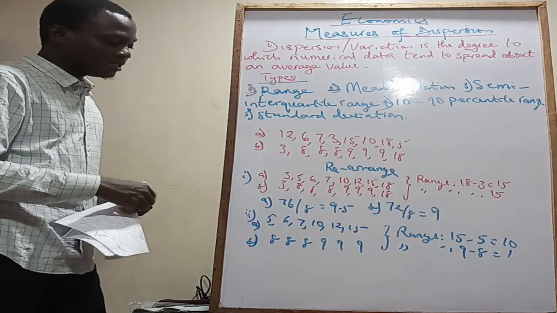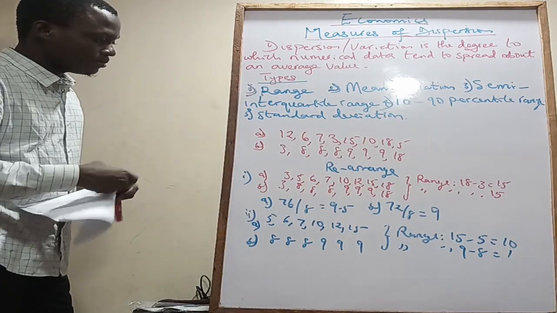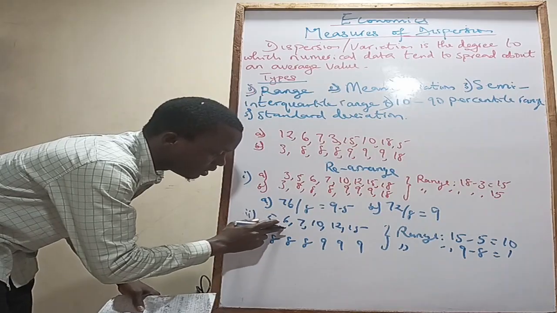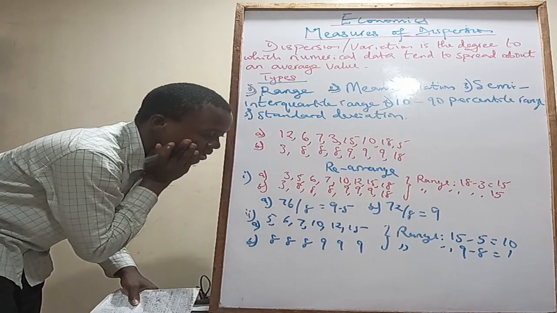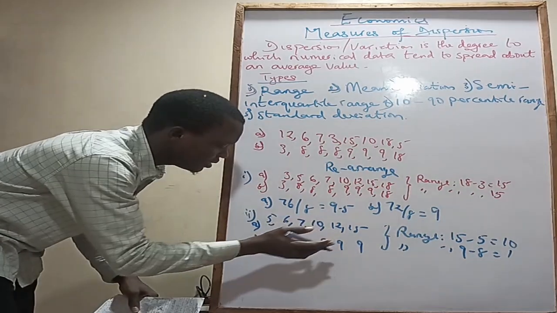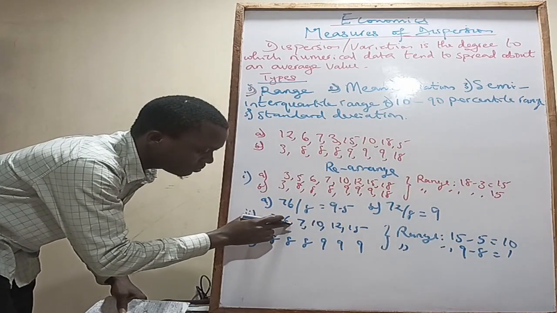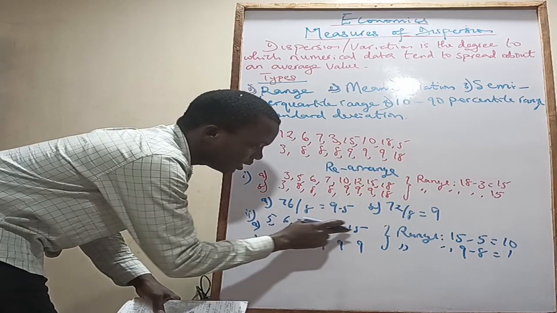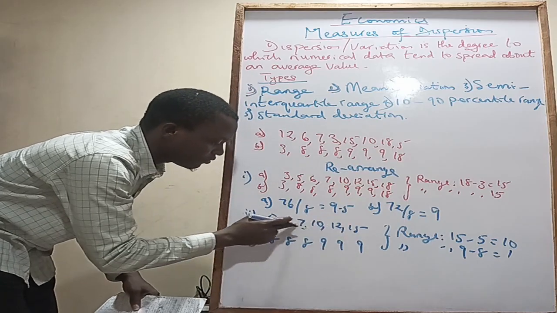So we can decide to calculate their new means. All right. So when we add up all of this, 5 plus 6 is 11, 11 plus 7 is 18, 28, 40, and then 55. 1, 2, 3, 4, 5, 6.